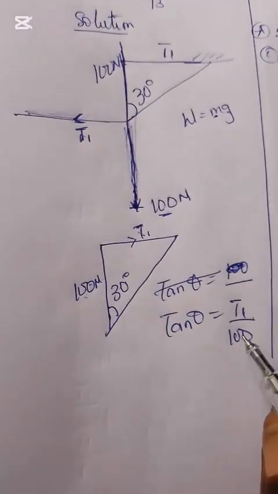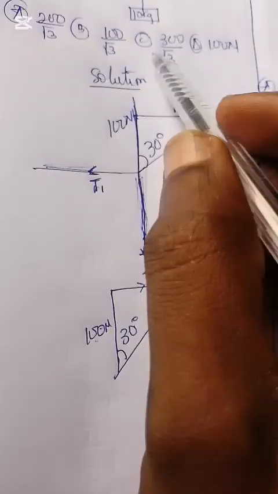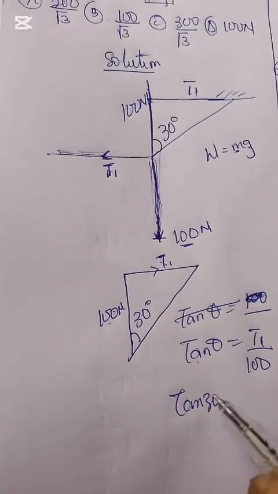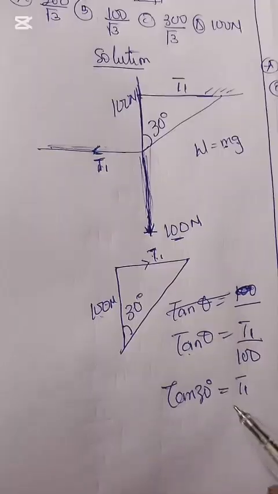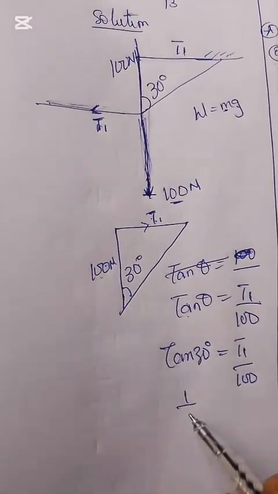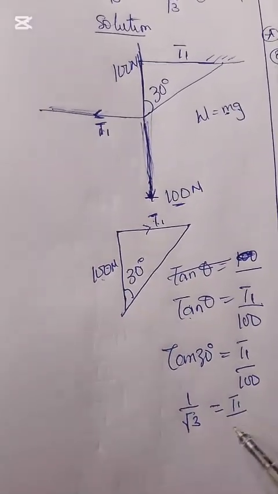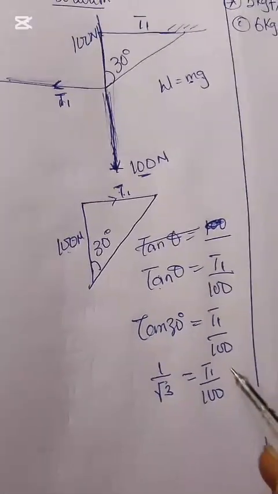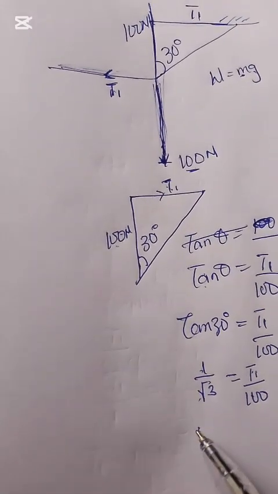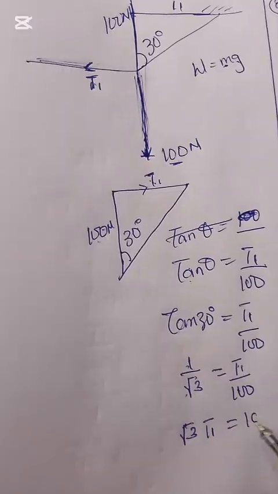So what do I do next? Tan 30 degree. Since our options are in surd form, I have to solve tan 30 degree in surd form. Tan 30 degree in surd form is 1 over root 3, which will be equal to T1 over 100. If I cross multiply, I'm going to have 100 times 1 will give us 100, and root 3 T1 equal to 100.